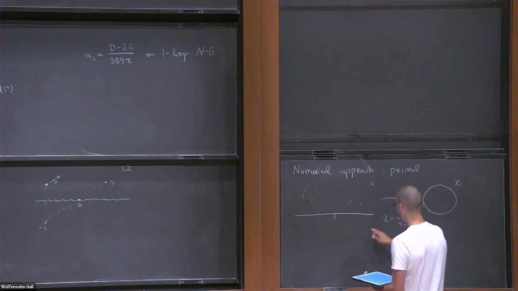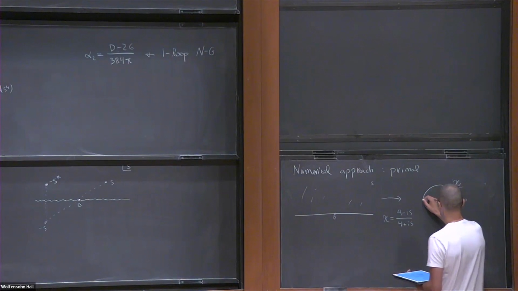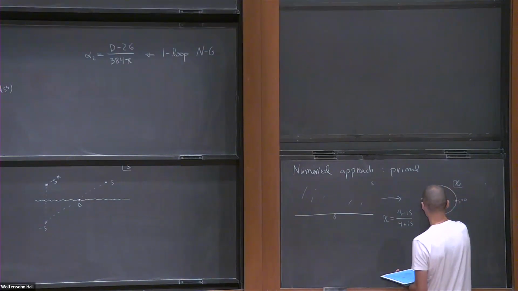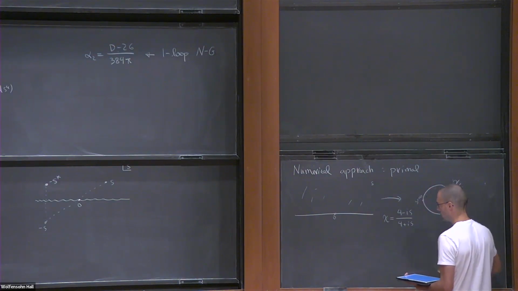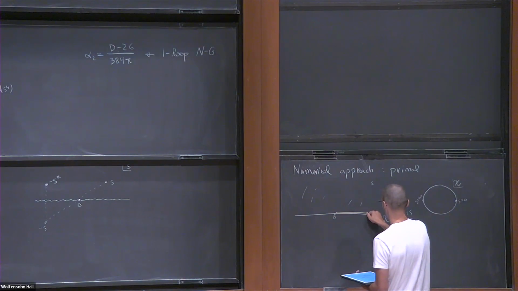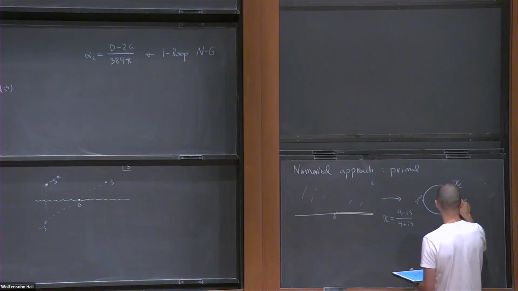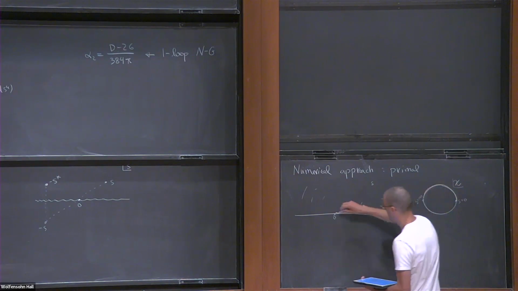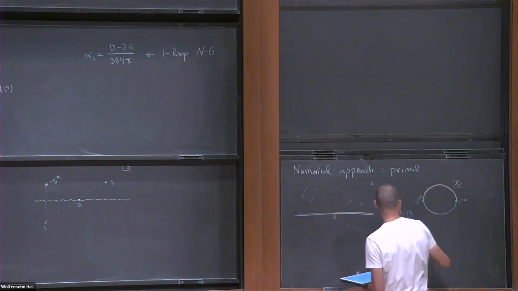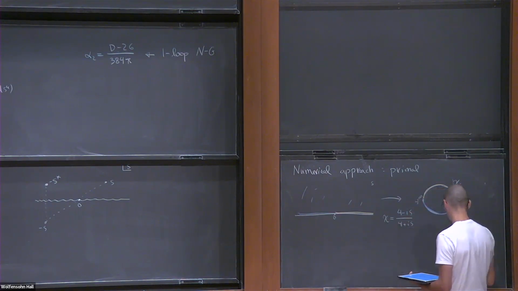If you follow this map, the origin, the point s equals 0, is mapped to 1 in the chi, and the point s equals infinity is mapped here. Positive real s is mapped to the upper boundary of the disk, and negative real s is mapped here. So that's the map.